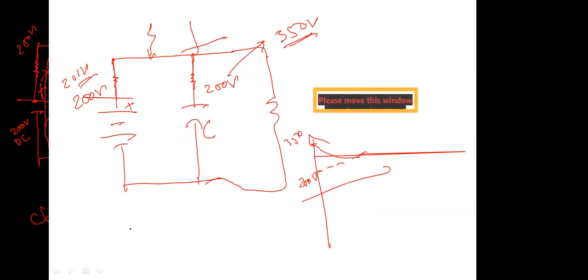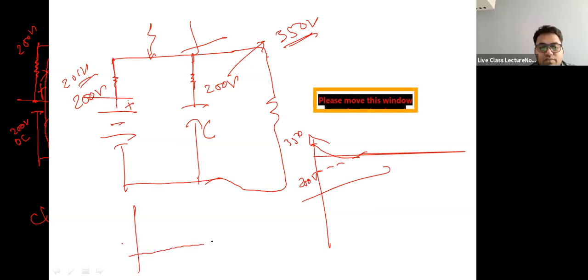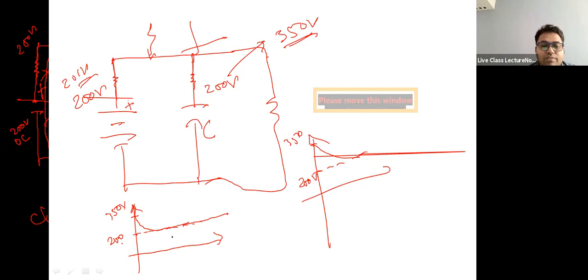Sorry for the diagram, it often goes haywire. So this is 350 volts, this is 200 volts, the battery voltage, and the capacitor will discharge like this and then be flat. Why flat? Because the battery will recharge the capacitor every time it gets discharged. So its minimum is 200 only, and they are in parallel. Now, do you get the thing?